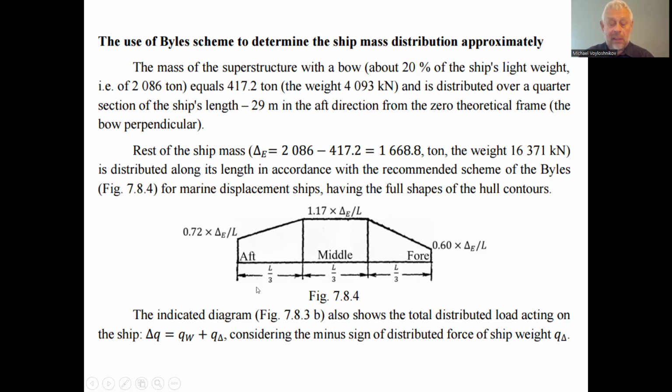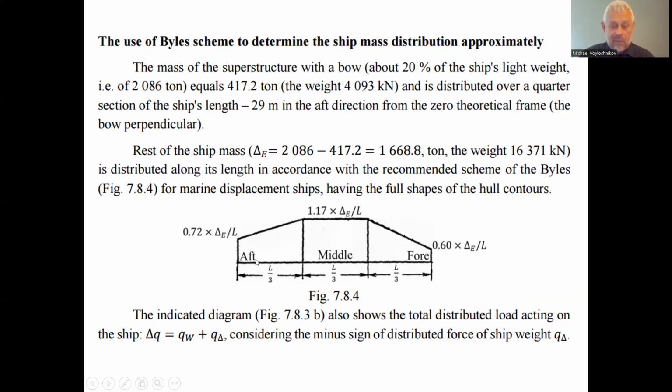So we consider the ship as the composition of 3 trapezoids, the fore, middle and aft, and this is recommended. Magnitudes of the factors of the trapezoid: we consider the light displacement without the superstructure, divided by the length by the waterline.